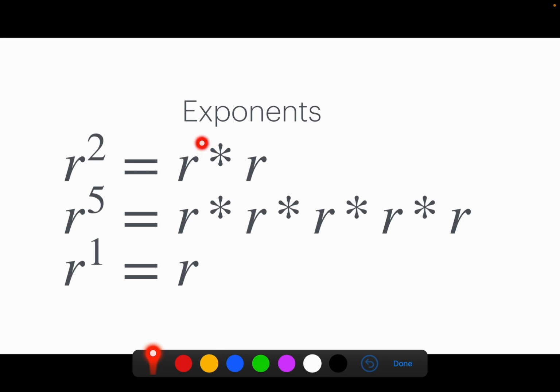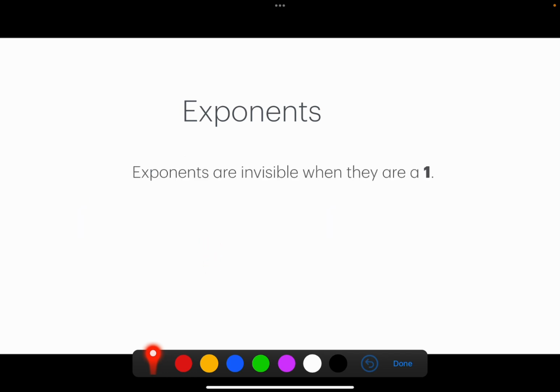You add them up, 1, 2, and you get a 2. So the only time we write the exponent is when it's some other number other than 1. If there's no exponent showing up here, that means there's an invisible 1 there. So when are exponents invisible? When they are a 1. That's something that coefficients and exponents have in common.